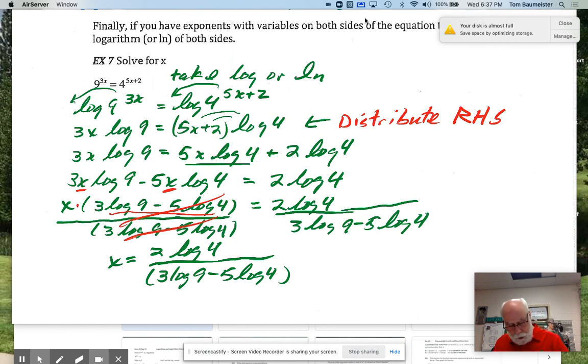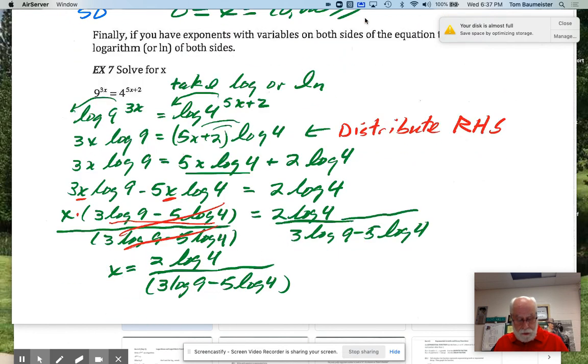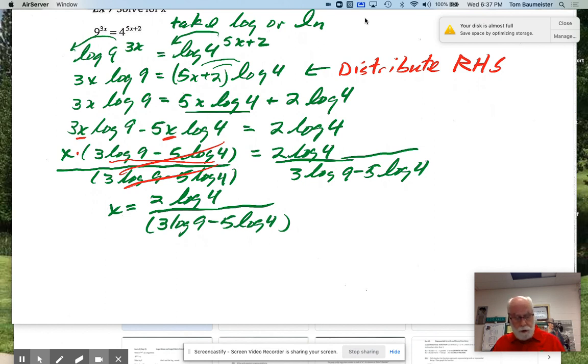A lot of times, if you just put 2 log 4 divided by log 9 minus log 4, it would look at it and say, well, hey, he's just saying I'm taking this part right here. So it would take that out of the way, and then it would subtract it, okay? But if you plug it in exactly like I have shown you, everything is nice and usable.